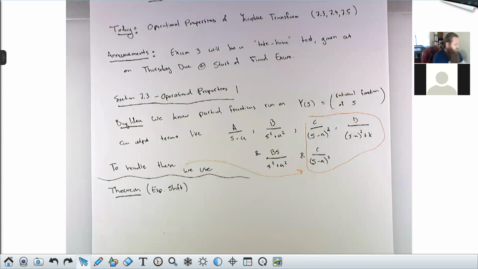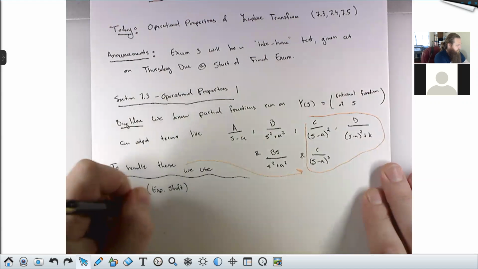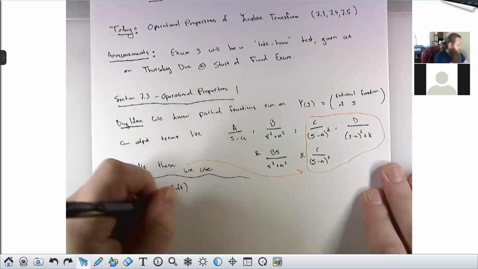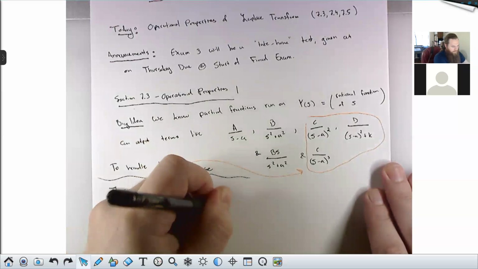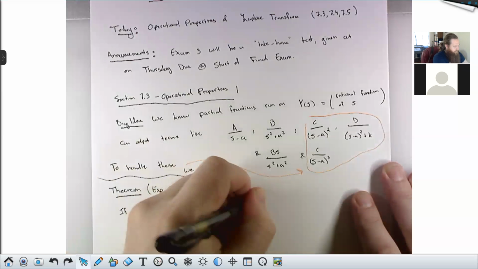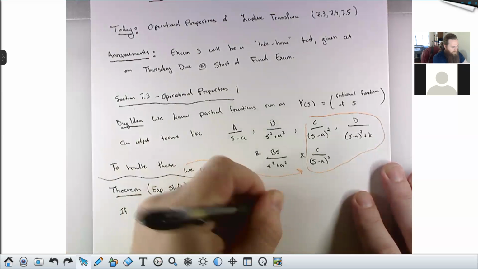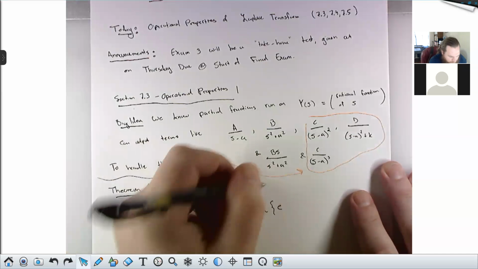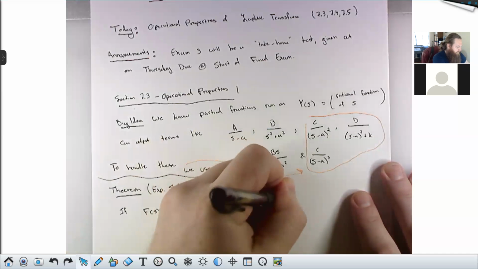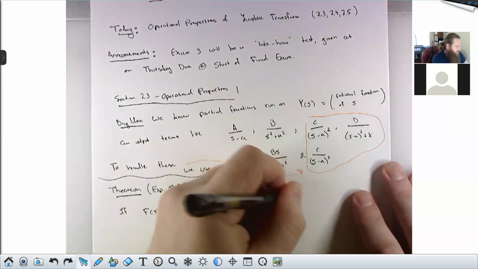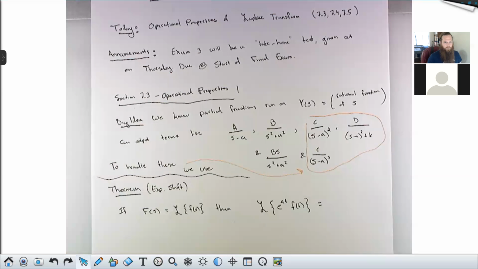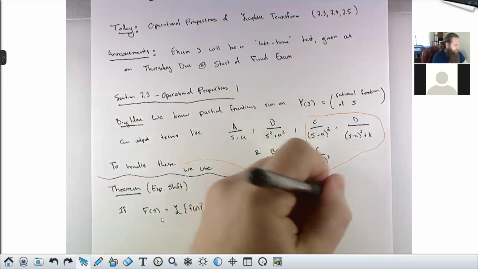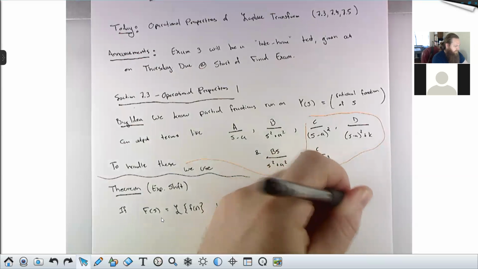What it really just says is if F of s is the Laplace transform of little f of t, then the Laplace transform of an exponential, say e to the at, times little f of t is the Laplace transform of little f, but shifted to the right by a units. So that's F of s minus a.